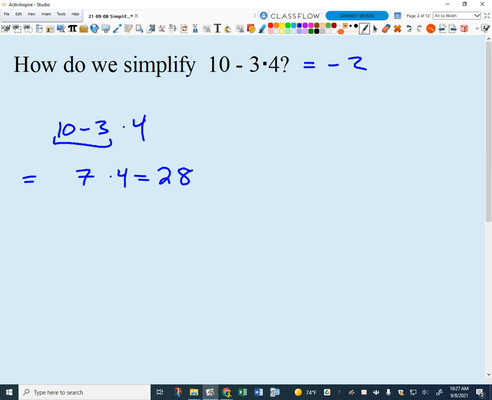From left to right, don't you? So you might say, we do the stuff on the left first. 10 minus 3 is 7, times 4 is 28. But of course, that's wrong. We know better. We know that we have to do the multiplication first because that's what our order of operations tells us. And so we get 10 minus 12 equals -2, and that's correct.